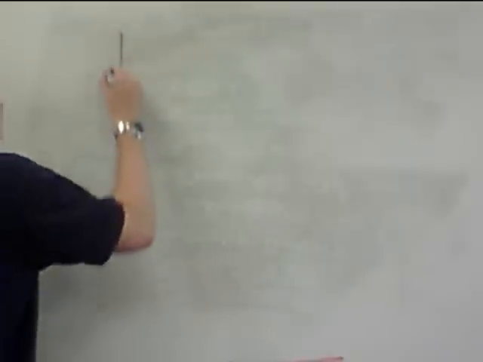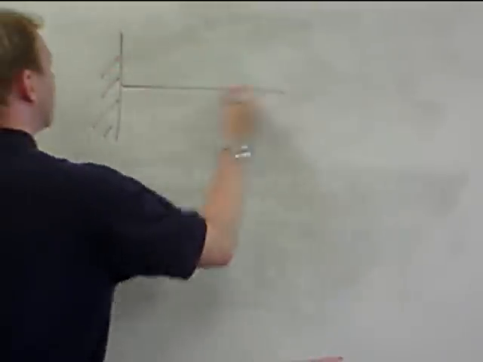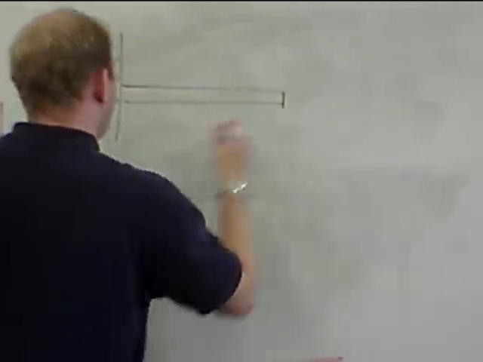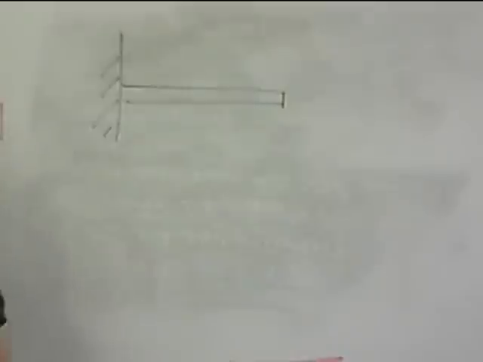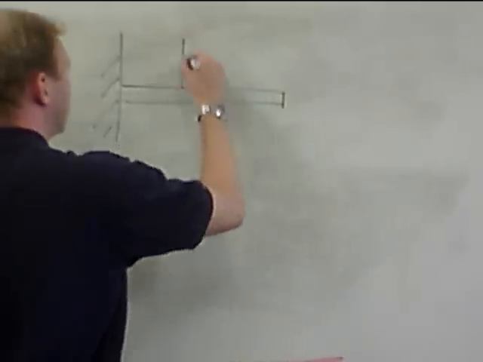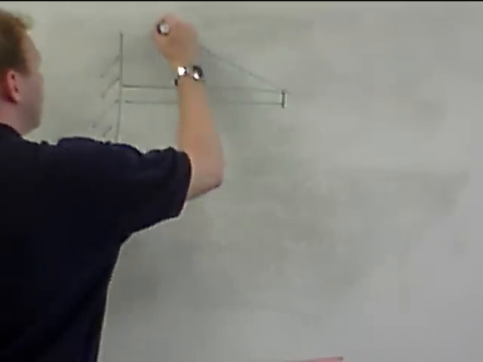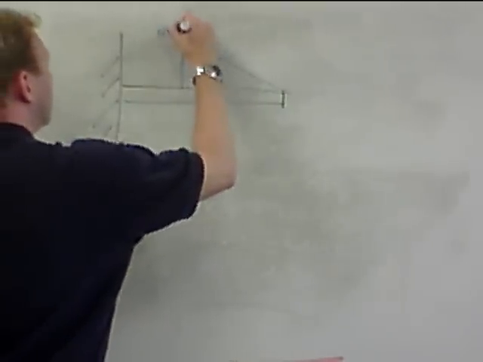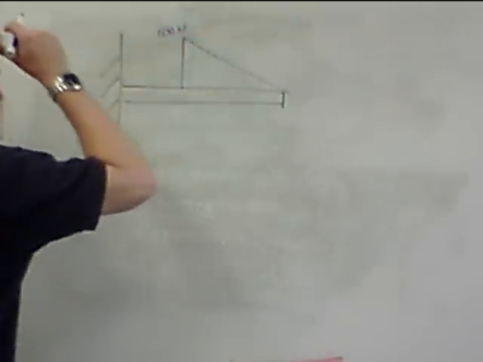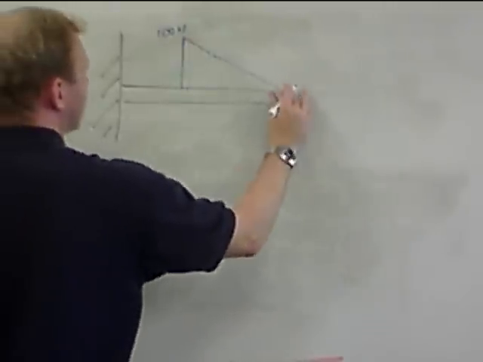So if I have a beam here, and I have a triangular distributed load. Okay, so this will be 100 newtons here, and this will obviously go to 0 at the end.